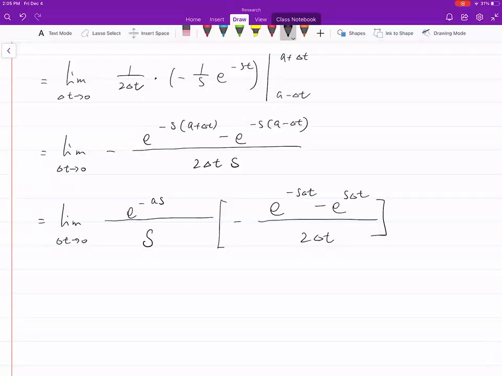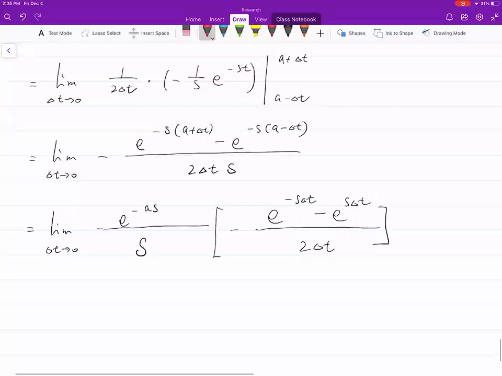Now I want to switch the order of these two, so make this plus, make this minus. Then I can actually have the plus here.